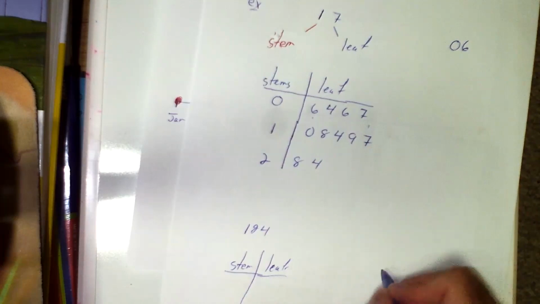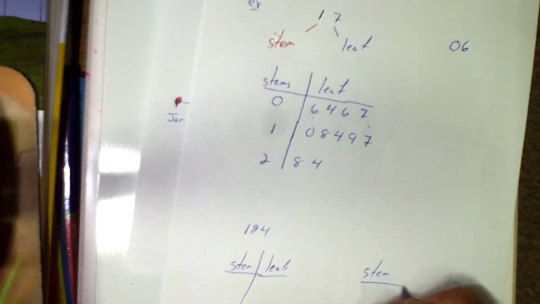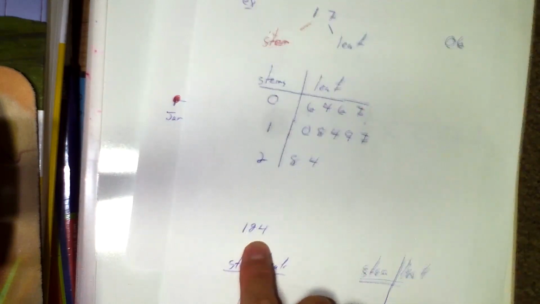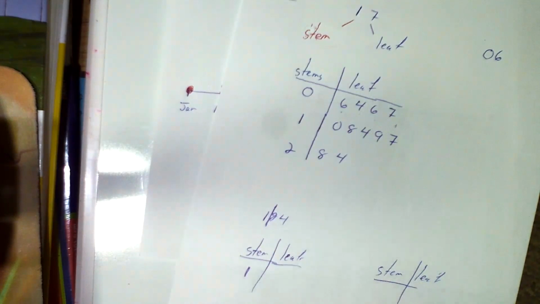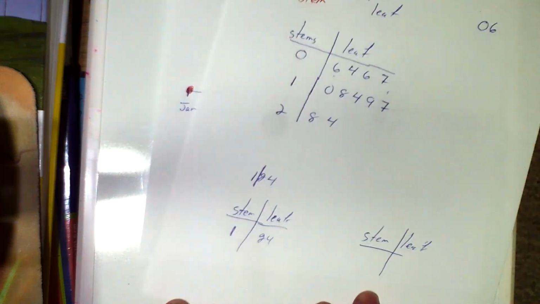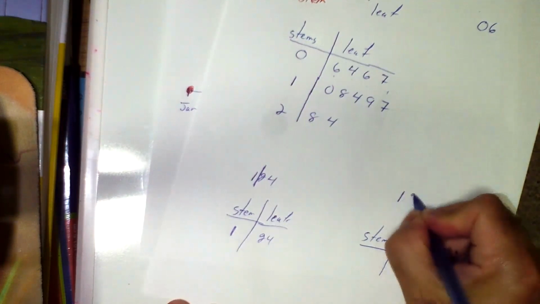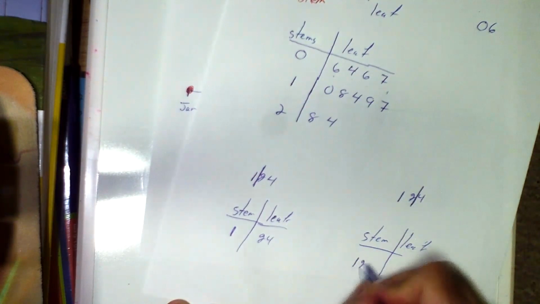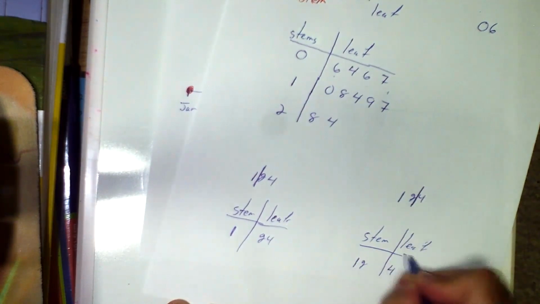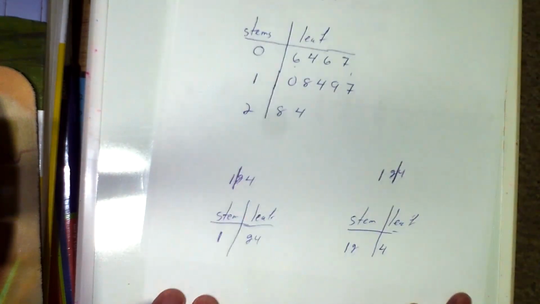You can either split up the 124 and make the 1 the stem and the leaf a 24, a 2-digit number, or you can make the 12 the stem and the leaf a 4.